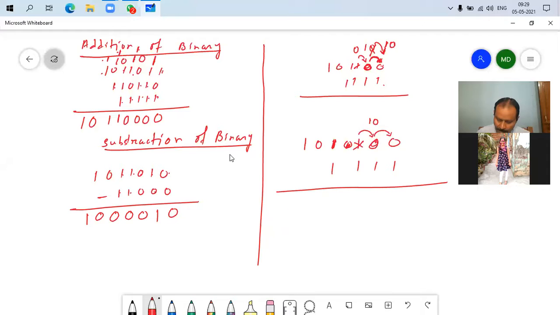Now still our work is not fulfilled. The value here has remained 0. So now we have to borrow 1 from here. When we borrow 1 from here, this becomes 10 and this itself becomes 1. Understood? Now you can subtract.